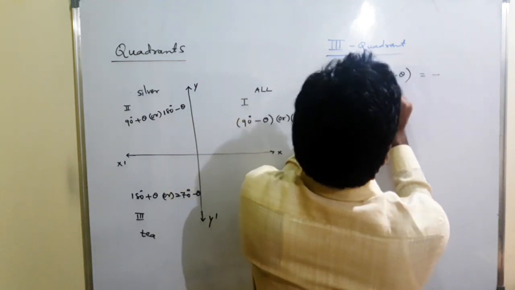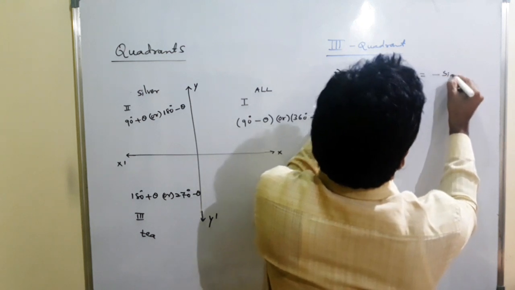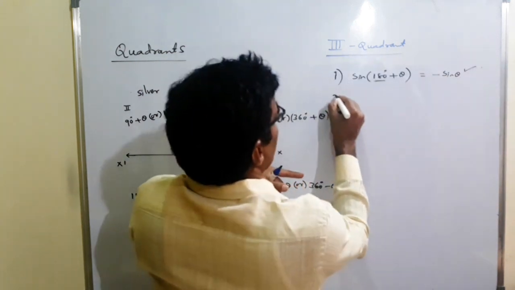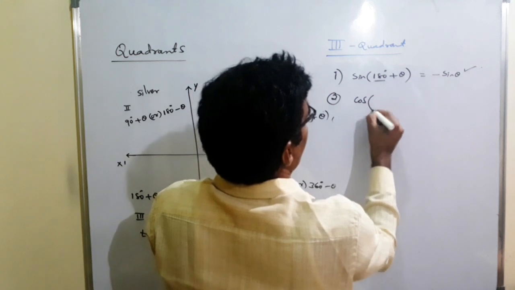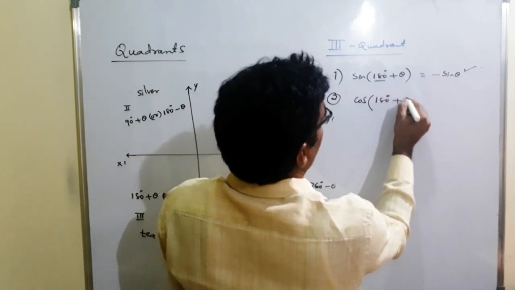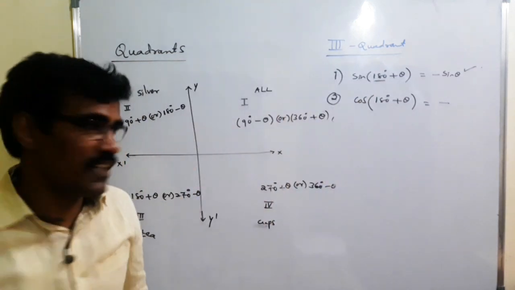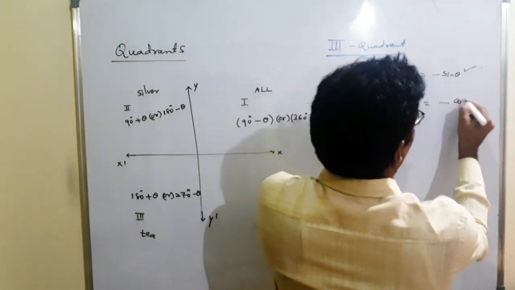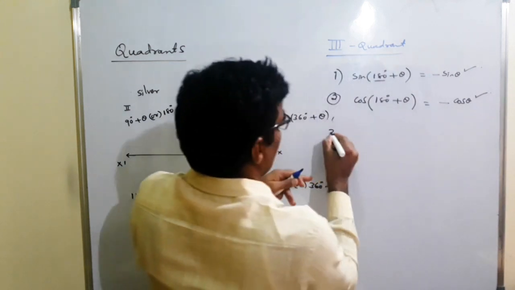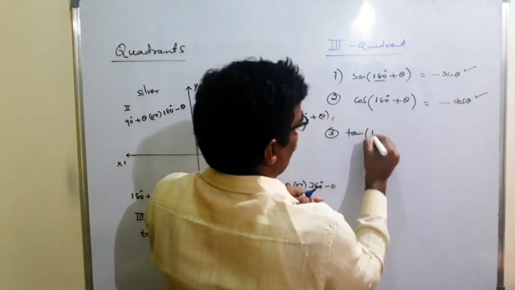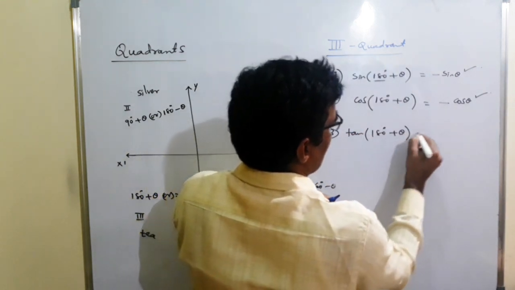And here sine of 180 degrees plus theta is minus sine theta. Second one, sir. Cos of 180 degrees plus theta. So here minus cos theta, also negative. Then therefore here tan of 180 plus theta, sir.